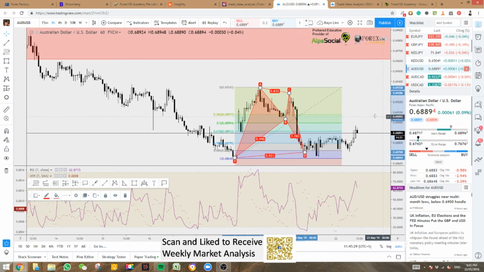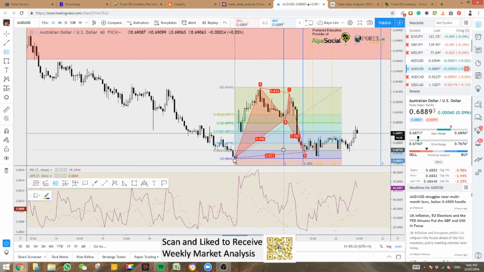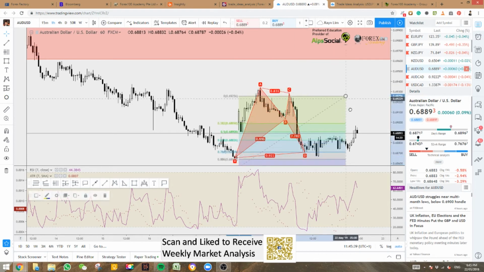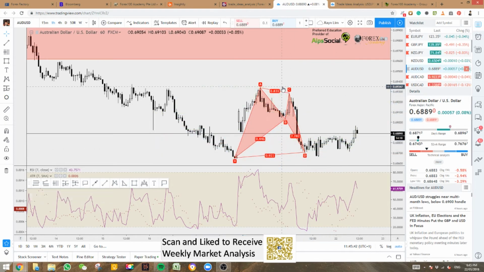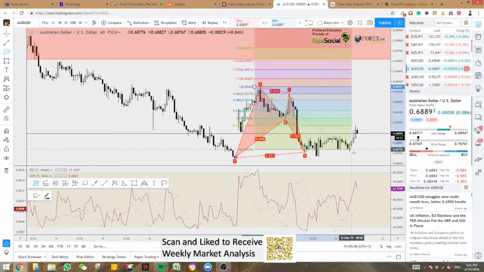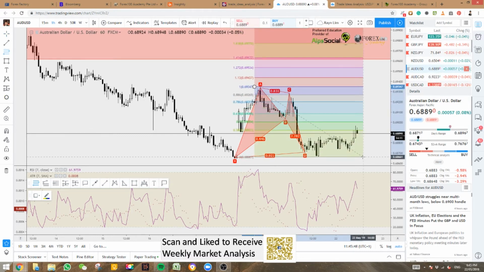Let's see if this trade is valid for me. At the moment, it just nicely touches, so it is valid. I believe the first target has been hit. Very simple, there's not even a need to draw fibs.